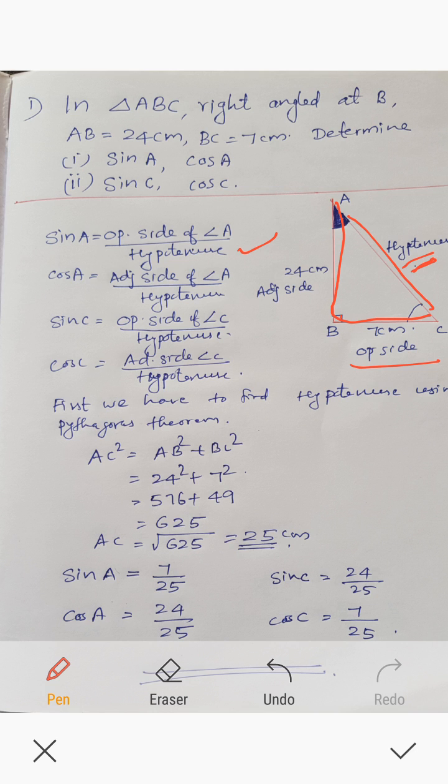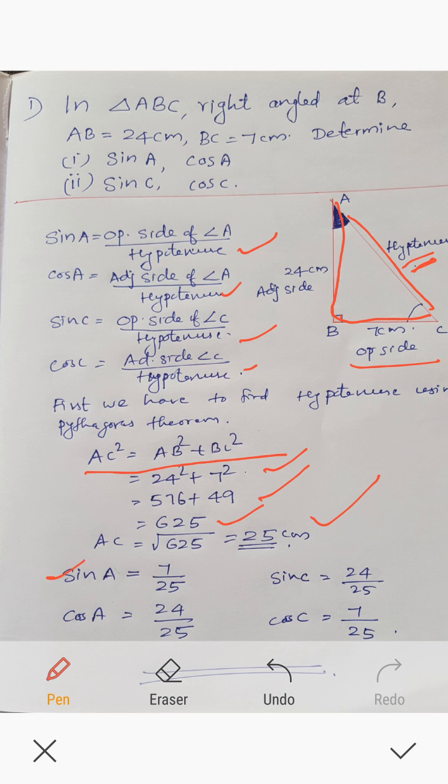So for finding the length of AC, we use Pythagoras theorem, where AC square is equal to AB square plus BC square. So 24 square plus 7 square, 576 plus 49, 625. AC square is 625. So AC is root 625, which is equal to 25.